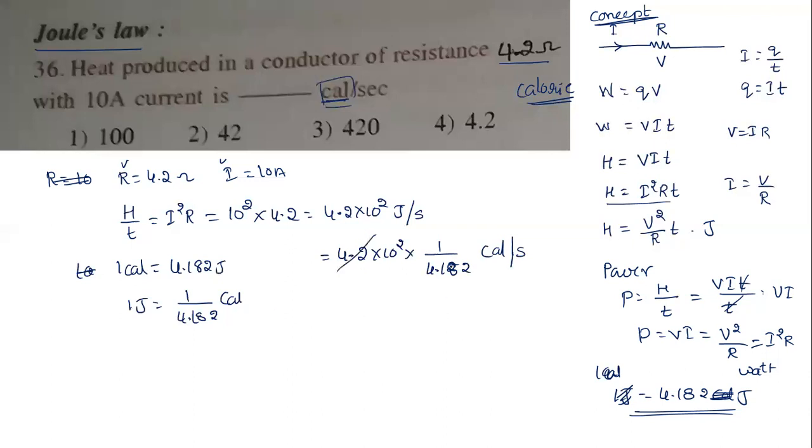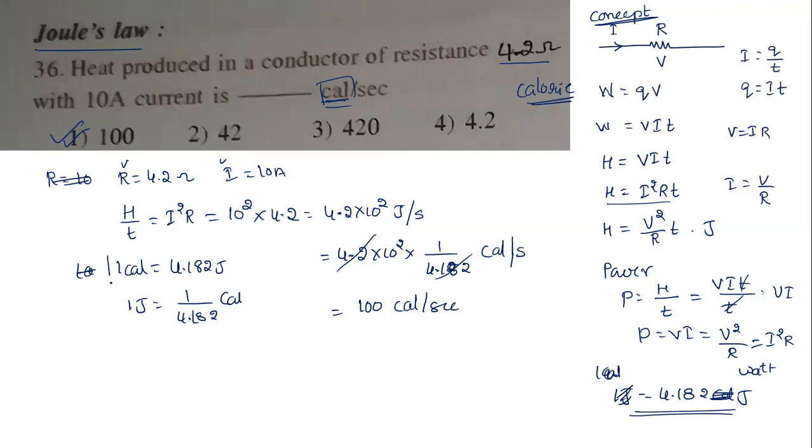The 4.2 and 4.182 almost cancel, and you get 10 power 2, just 100 calorie per second. That is the first option. This is question number 36. Is it clear? Let us move on.